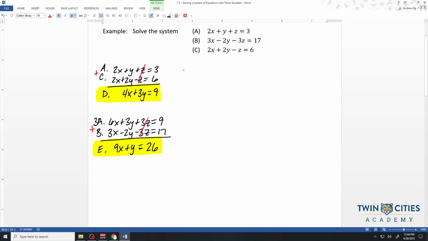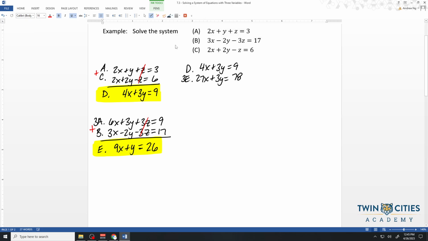So I'll have D here, and then 3E. D is 4x plus 3y is equal to 9, and 3 times E. So everything in E multiplied by 3, that'll be 27x plus 3y equals 26 times 3 is 78. These are the same sign, 3y, 3y.